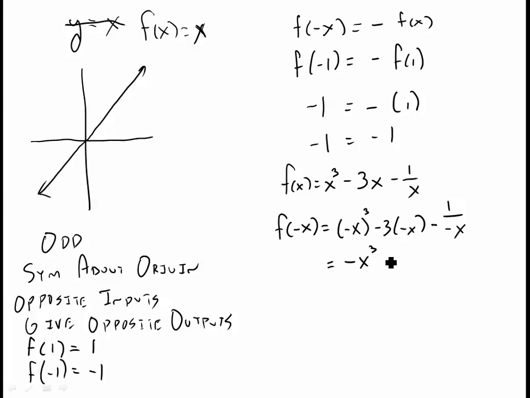Negative 3 times negative x would be positive 3x. Negative 1 over negative x would be positive 1 over x. Every term is opposites: x cubed, negative x cubed; negative 3x, positive 3x; negative 1 over x, plus 1 over x. I've verified that my original function is odd.